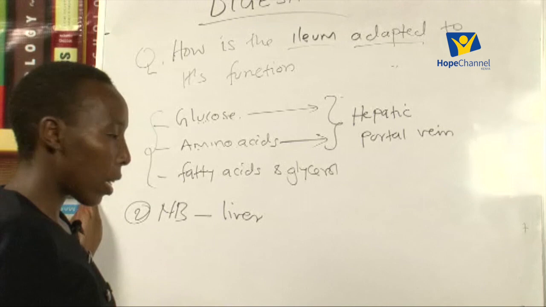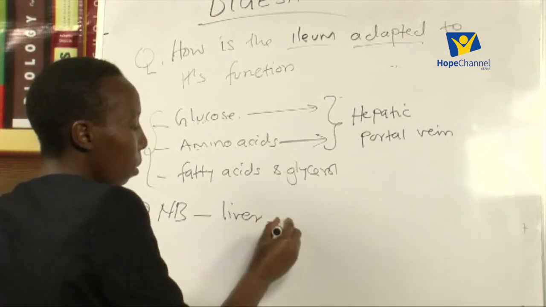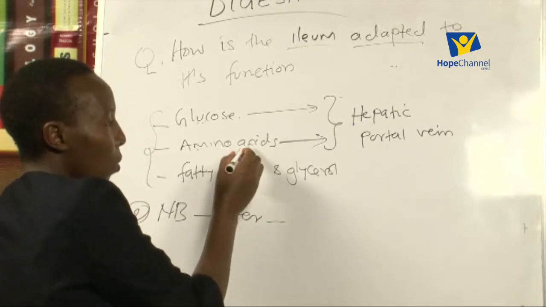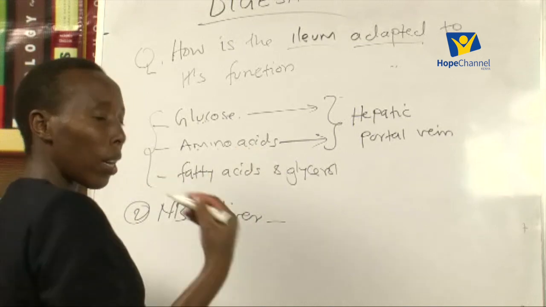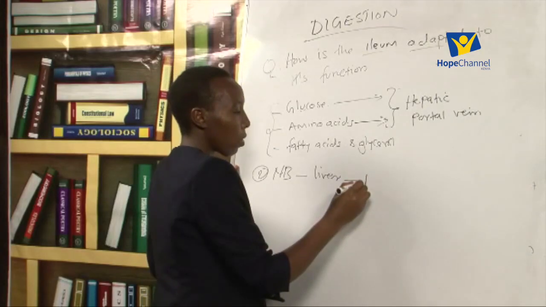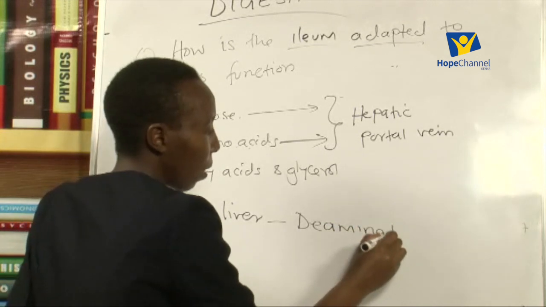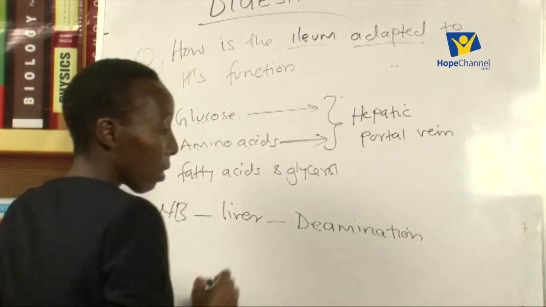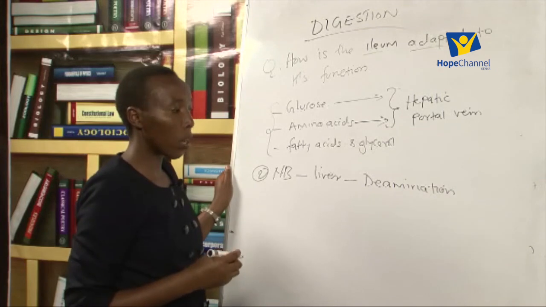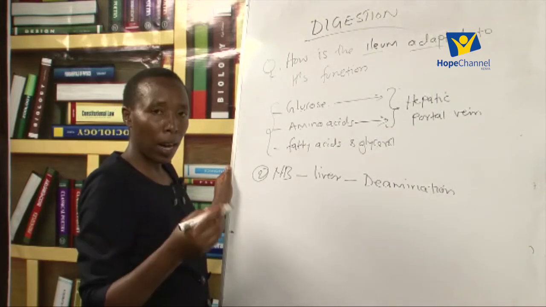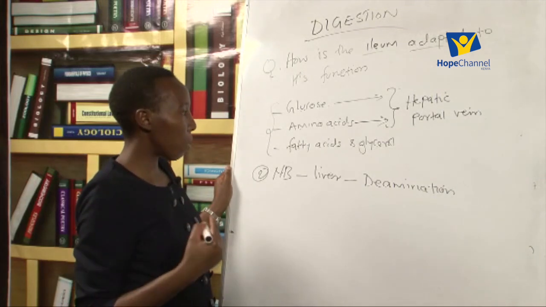And because of that, the liver is able to regulate the amount of amino acids that we need in the body through the process we call deamination. And I think we had discussed this process of deamination, but in a while I may have to repeat for those students who missed that.